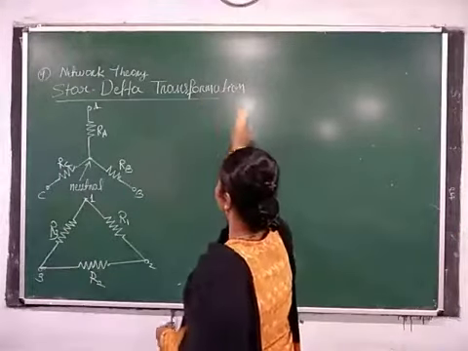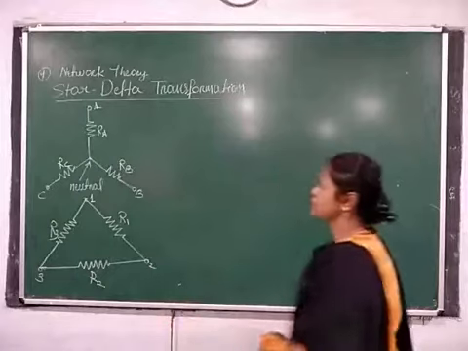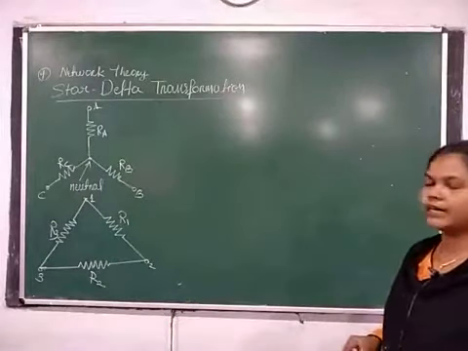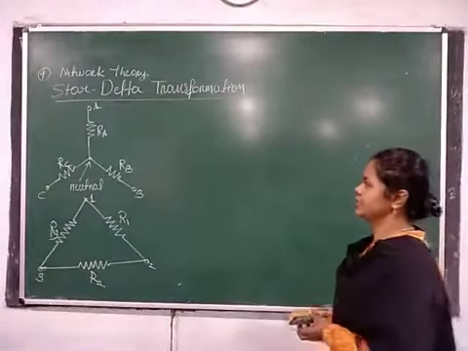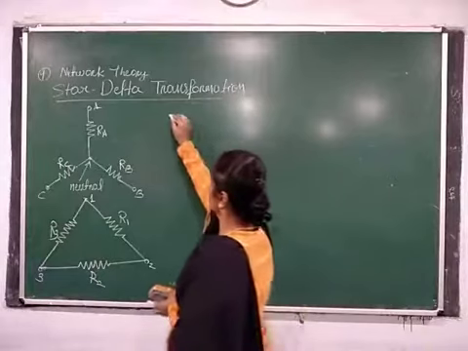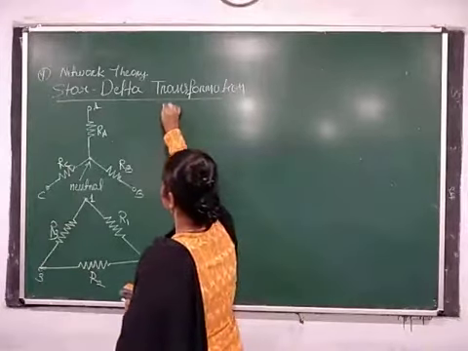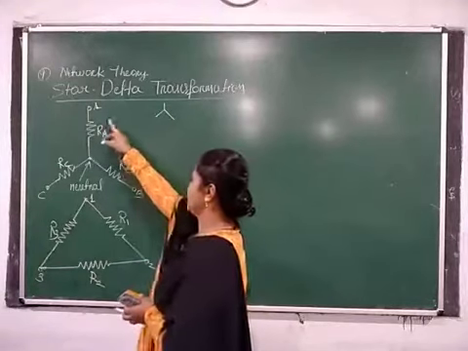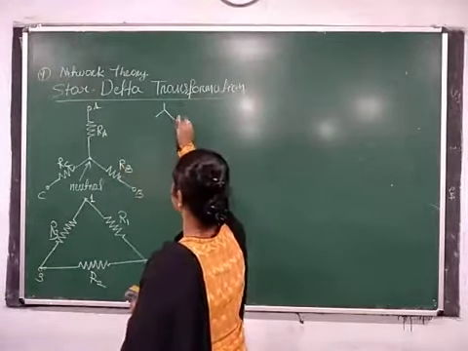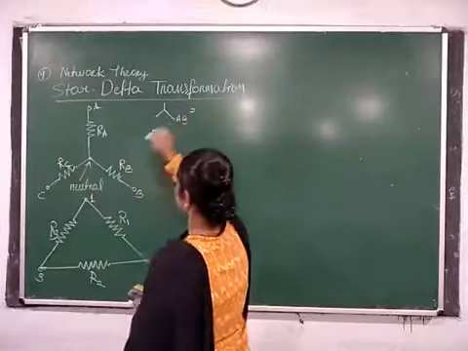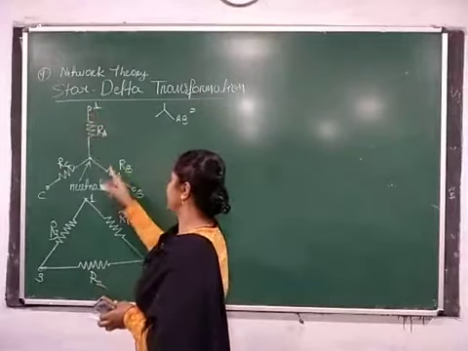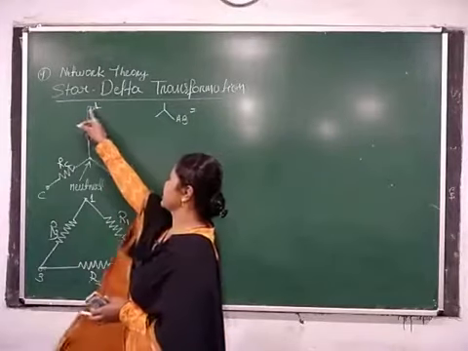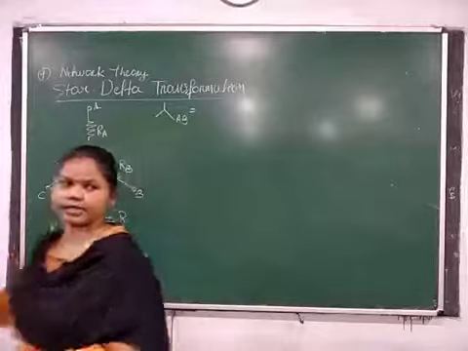First we find equivalent resistance between any two terminals in star connection. First we find the equivalent resistance between A and B in star connection.